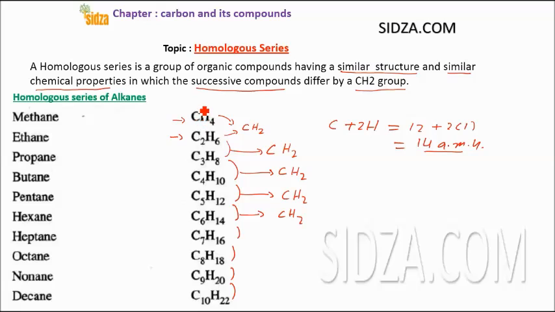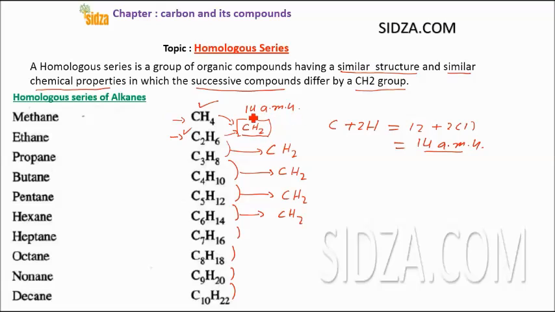So methane and ethane have a difference of 14 AMU, 14 atomic mass units. C3 and C2, again the difference will be 14 AMU. Like we find a difference in the formula, the members differ by one carbon and two hydrogen atoms, so there will be a difference of 14 AMU, because 14 AMU is the mass of one carbon and two hydrogen atoms, right?